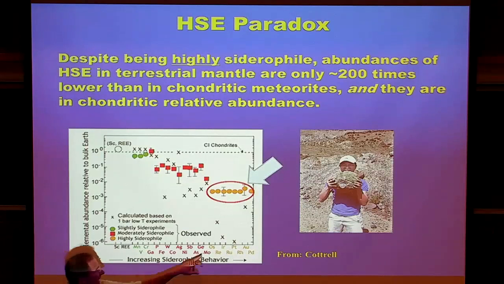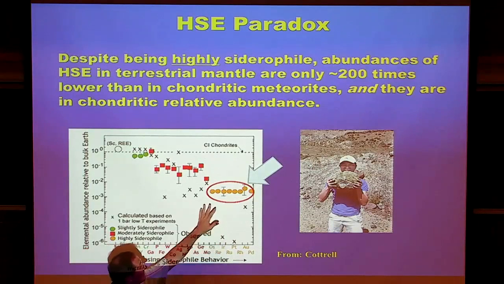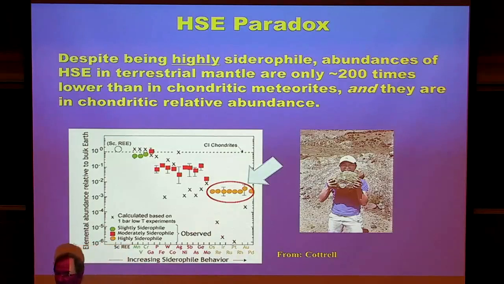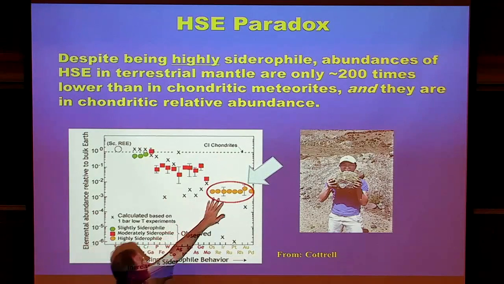These X's in figures like this always represent what the concentration would be if partitioning was like we see under low pressure conditions. And so the paradox, the problem here, is that the abundances of the highly siderophile elements by and large are much higher than we would expect from low pressure, relatively low temperature metal silicate partitioning. Okay, and this has been known since the 1950s and 1960s. Now, how do we know the abundances?